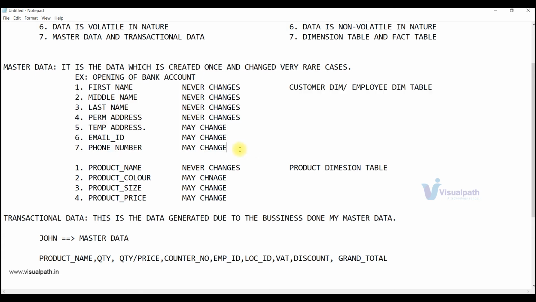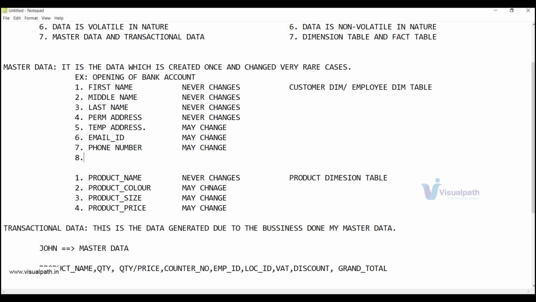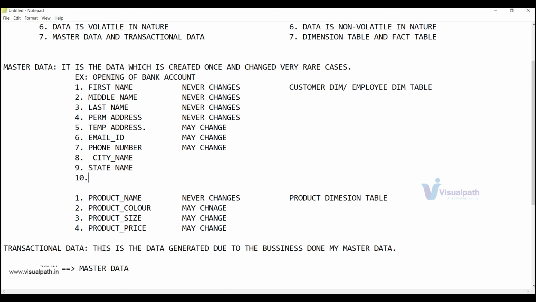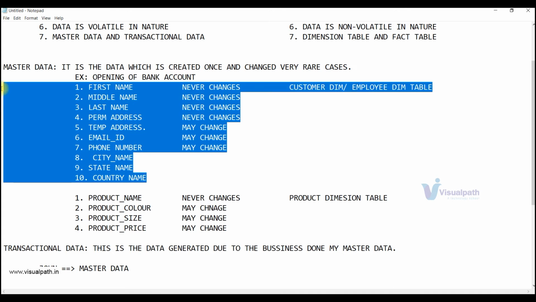Suppose this particular table has been split into multiple tables. Suppose in this scenario, I also have city name, state name, country name. So this is the whole stuff related to a particular customer.